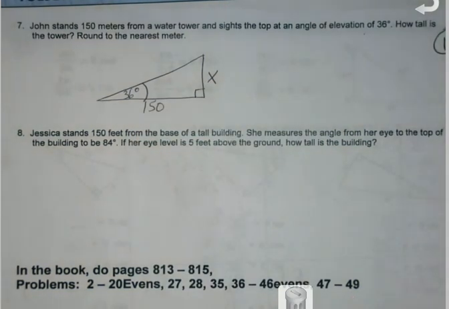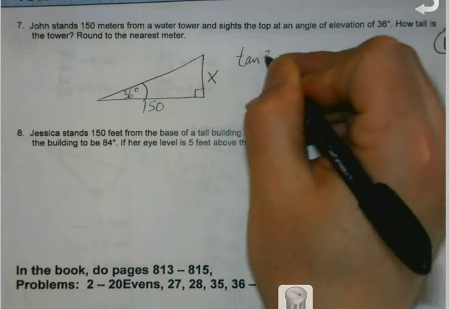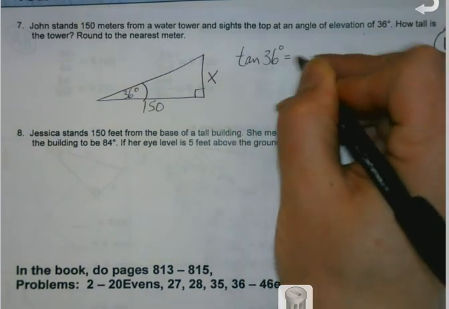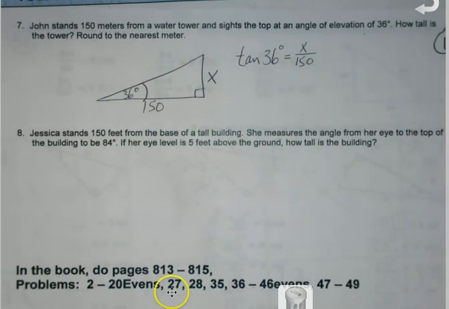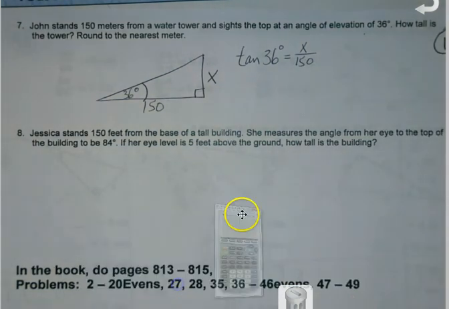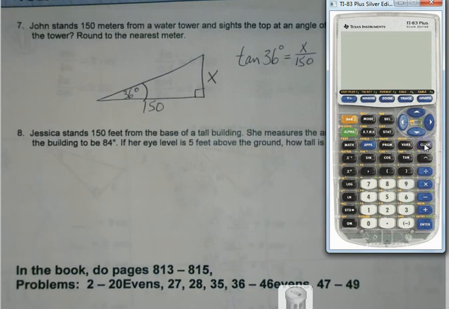Okay, so I have an angle. What two sides am I working with? Opposite and adjacent. So if I have opposite and adjacent, I'm working with tangent. It is opposite over adjacent. And again, when you go to plug this in to the calculator, just be a little cautious. I know I'm going to multiply both sides by 150.